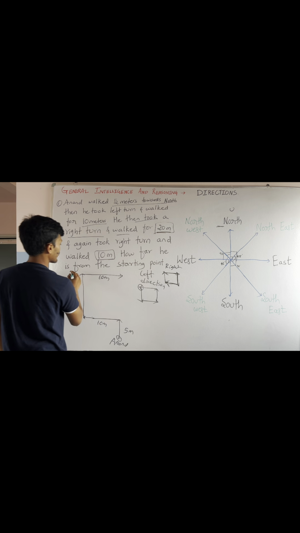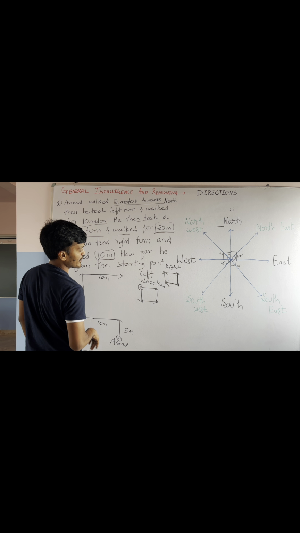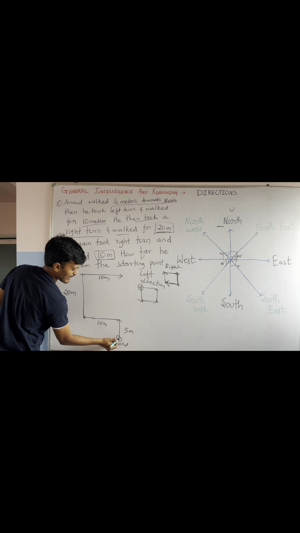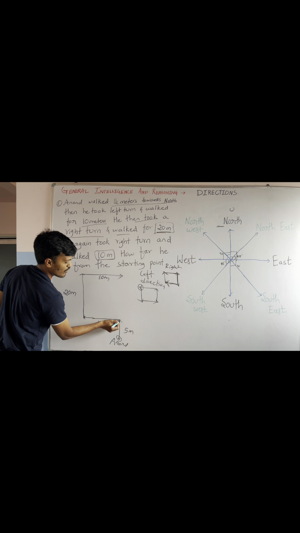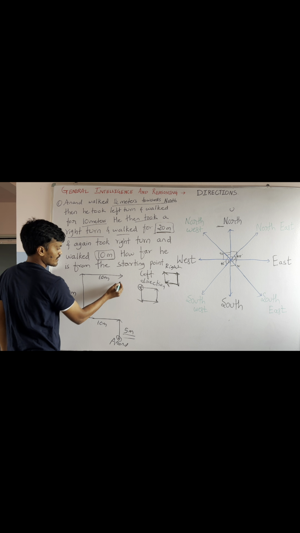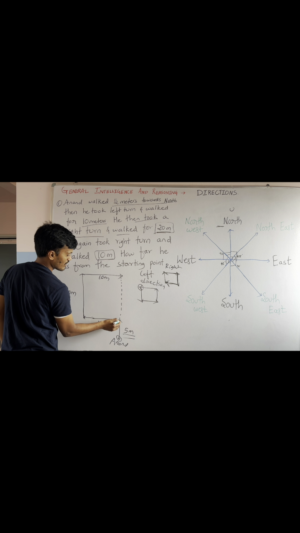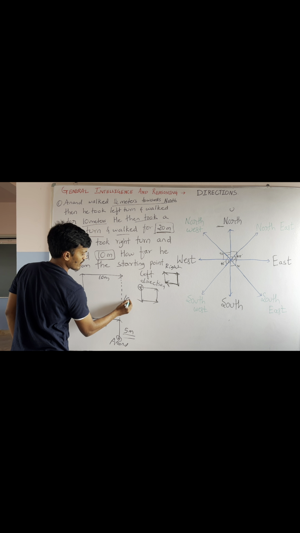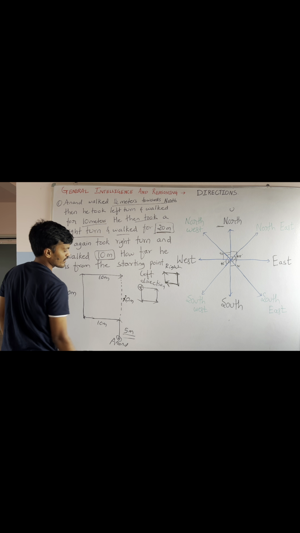How far is he from the starting point? So starting point here, Anand, he took the north direction 5 meter. Then what is the starting point? Here this is called 20 meter.